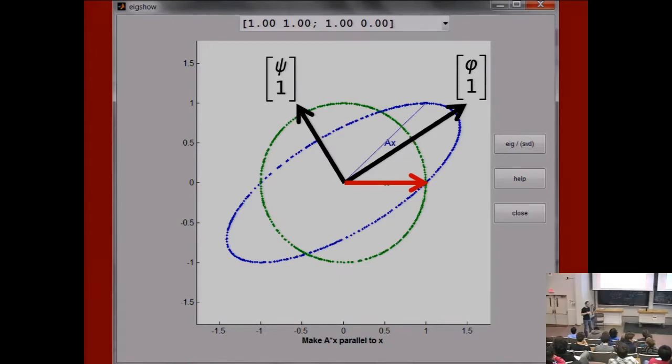Can somebody suggest something that we can do to use our knowledge about how A acts on these vectors to get knowledge about how it acts on the red vector? Yes? Good suggestion. The suggestion was to express this red vector as a linear combination of these two interesting vectors.